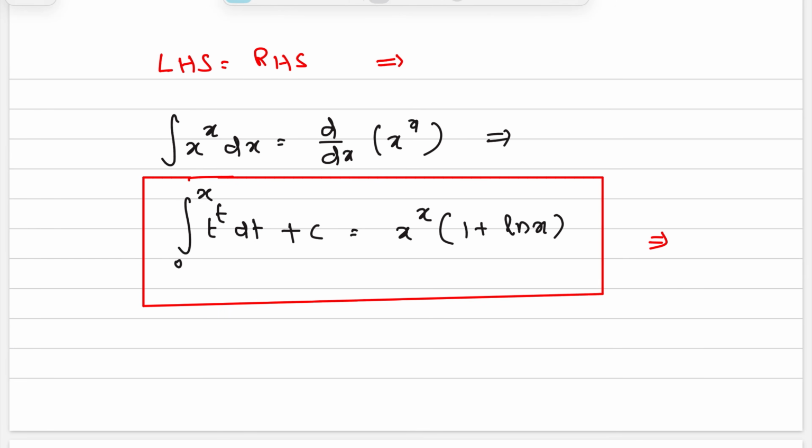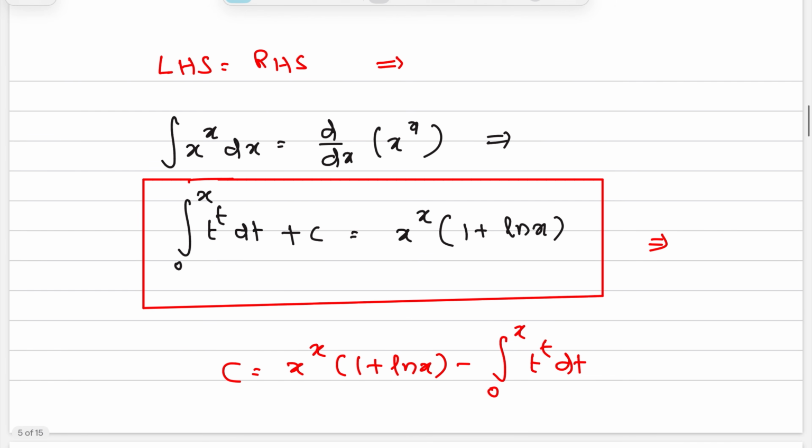We have to find out c. C is equal to x to the power of x into 1 plus ln x. It is a very important step. Please try to understand it. If you have any problems, please try to comment in the comments column. I will reply.